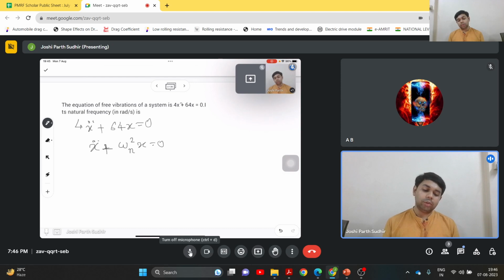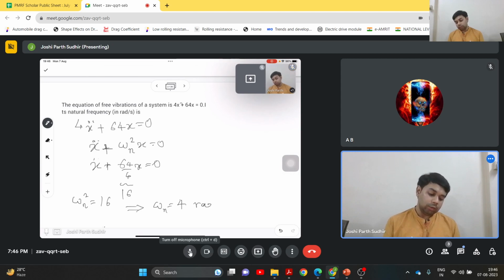So we can reduce this equation to x double dot plus 64 by 4 x equal to 0. So 64 by 4 is 16. So basically omega n square is equal to 16, which means that omega n is equal to 4 radians per second.